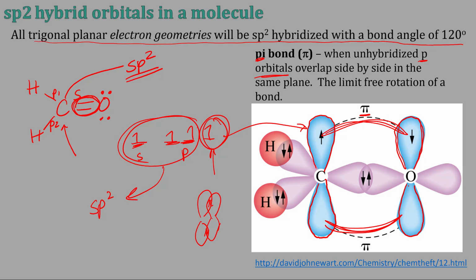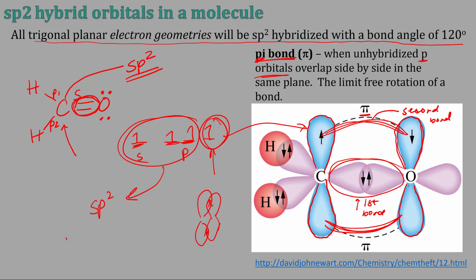Now you're not going to have to draw it, but I want you to understand that that orbital is still there. It doesn't just disappear. And that's where that double bond comes from. So anytime you see a double bond in something, the first bond is a sigma bond. So that would be this. That would be the first bond of the double bond. And then the second bond is always going to be the pi bond.